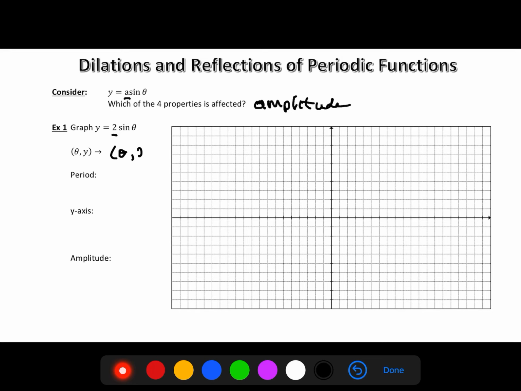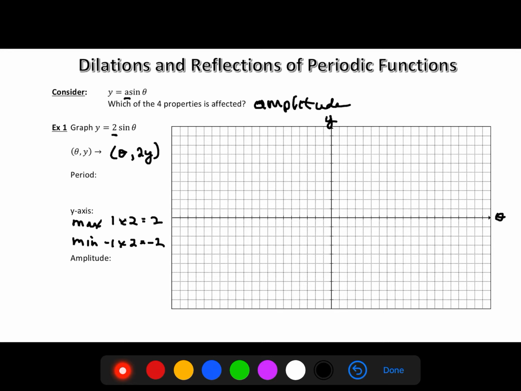So if we're going to graph y equals 2 sine theta, we know that this is going to be a vertical stretch by a factor of 2. And what that means is our key points, theta is going to stay the same, but we're going to multiply all of our y values. So what that means is we're going to have a max of 2, and we're going to have a minimum of negative 2.